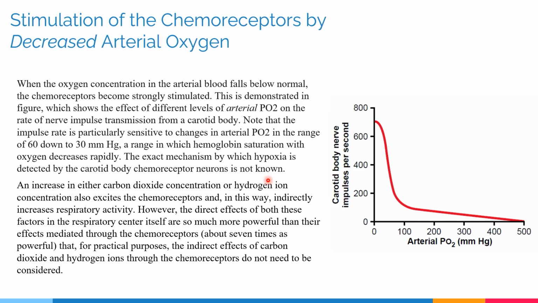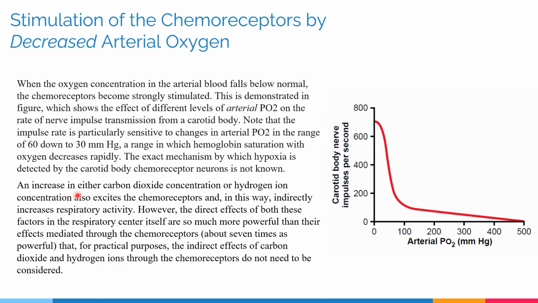This is one of the theories that was proposed to explain the mechanism by which hypoxia is detected by the carotid body chemoreceptor neurons. But there is not enough conclusive proof, and this is still being researched.